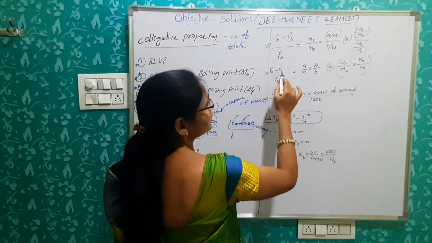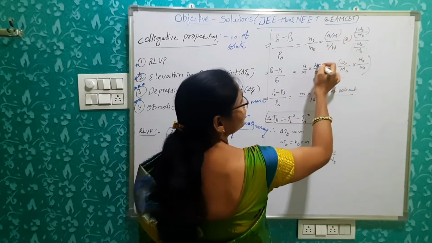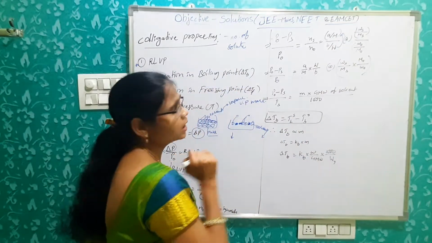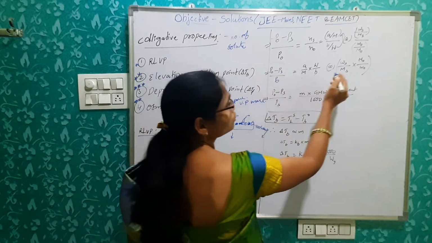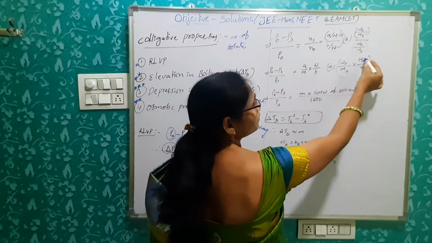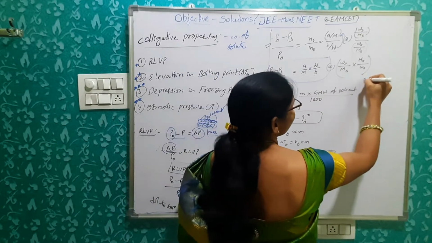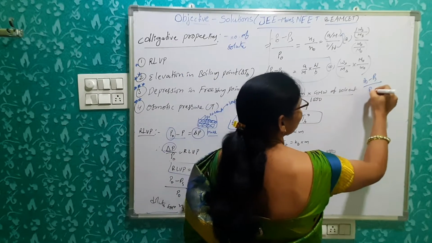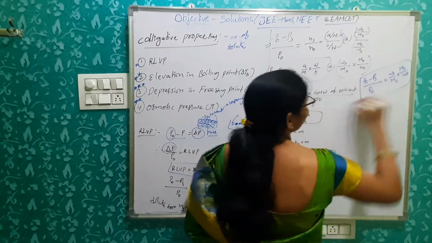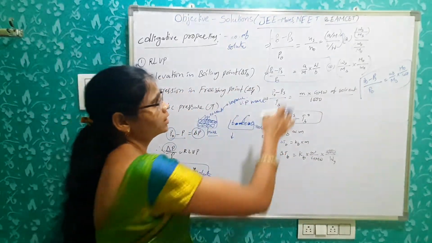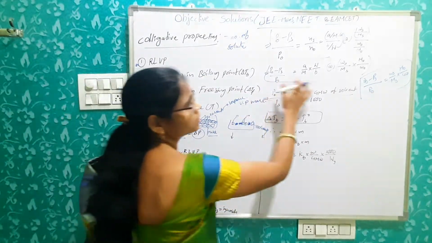So P0 minus PS by P0 equals WS by MS into M0 by W0. Or P0 minus PS by P0 equals WS by MS into 1 by W0 times M0. As you wish, you can take either formula, based on your clarity, as these two formulas are the same.